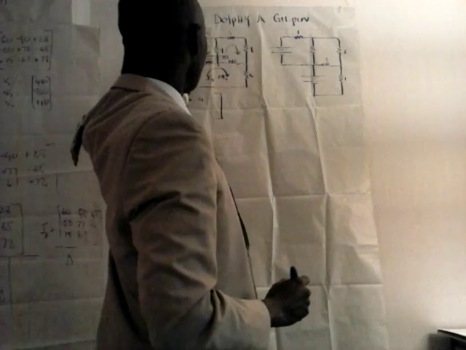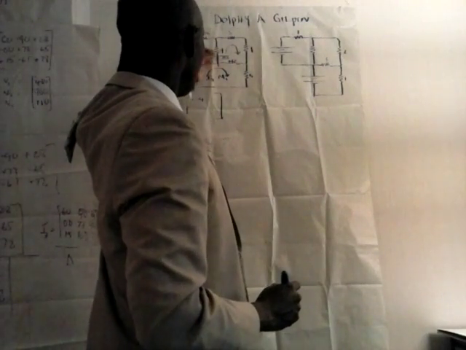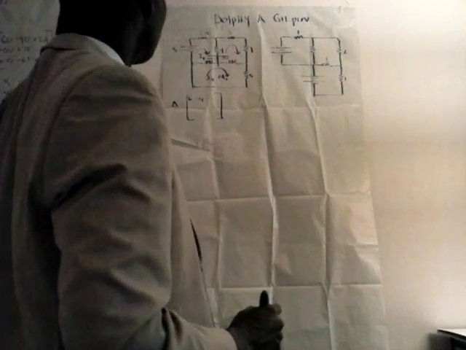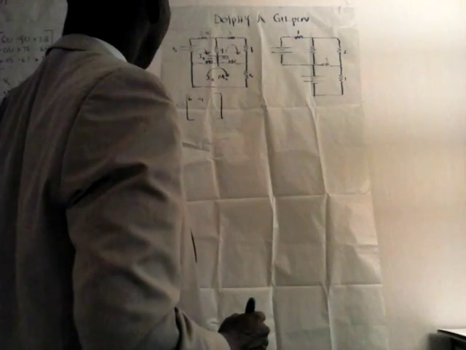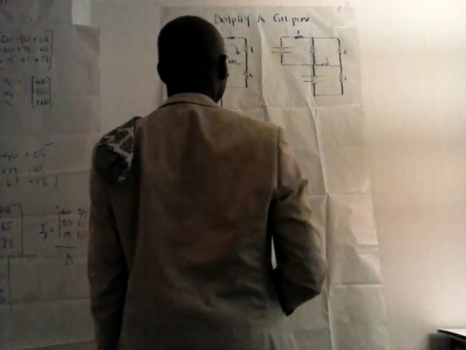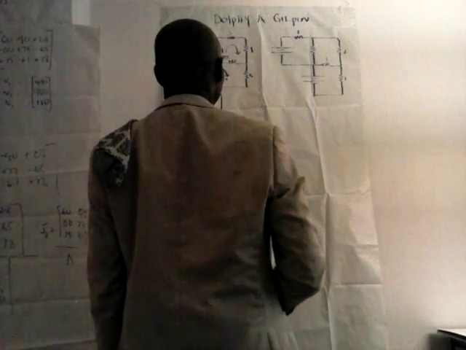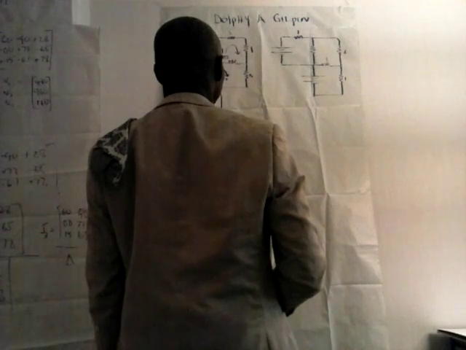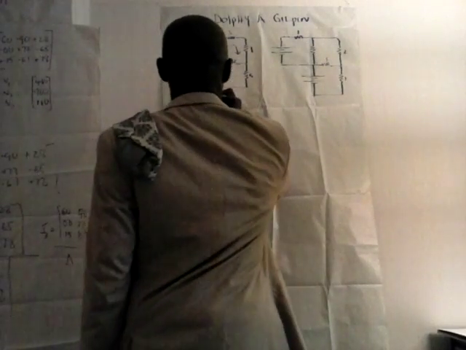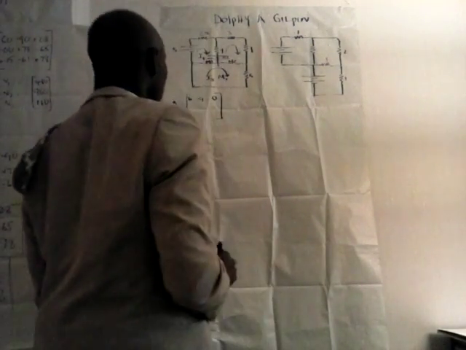R13, resistances in mesh 1 and mesh 3, this is mesh 3 here now. That would be zero ohms. There is no resistance common to mesh 1 and 3.